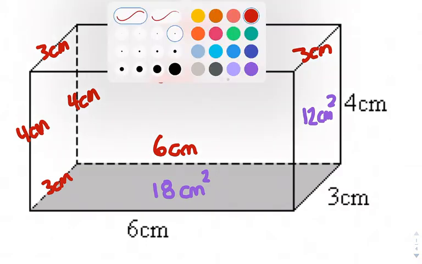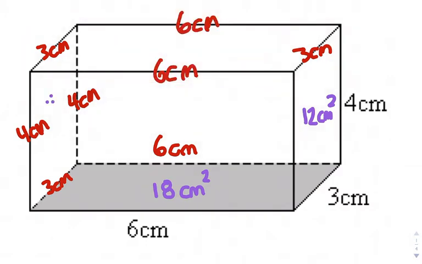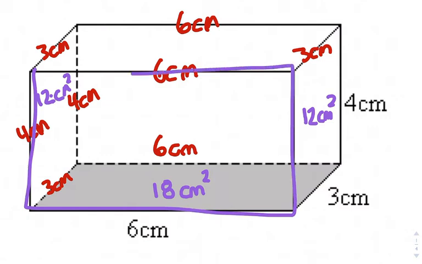So this side over here, kind of acting as that other wall, would be my 3 times 4, which would give me 12 centimeters squared. Okay, I'm going to do this front wall right here. That front wall is 6 by a height of 4.